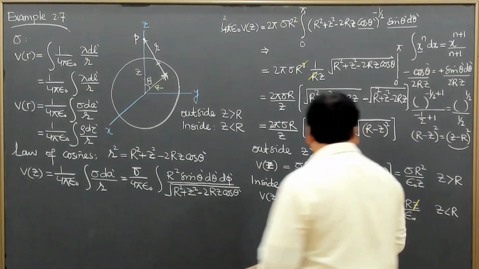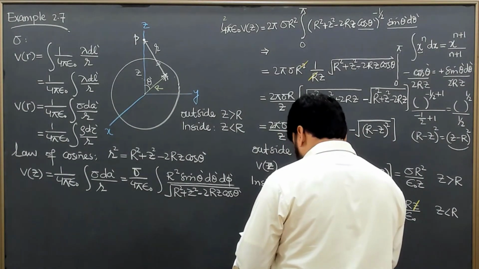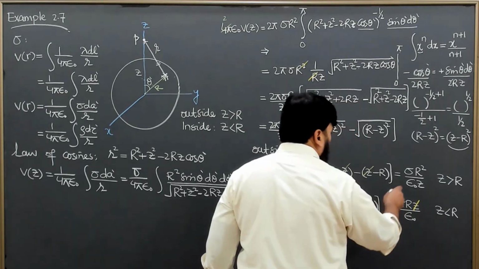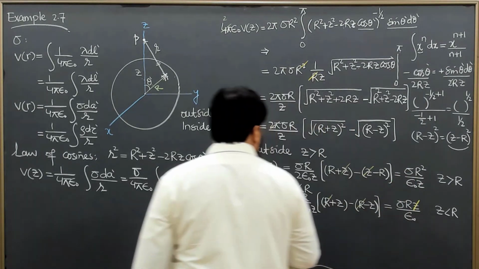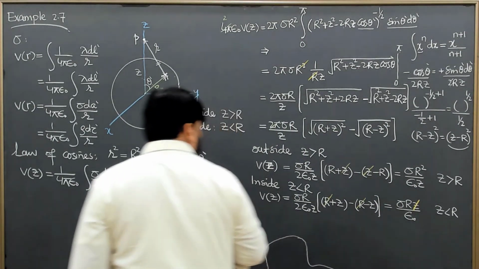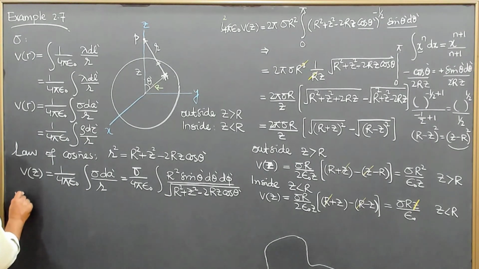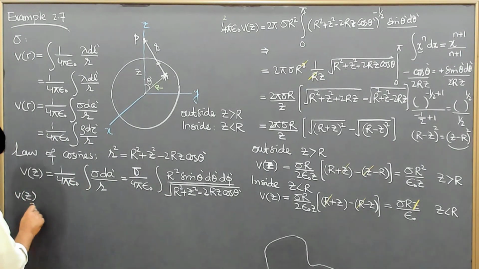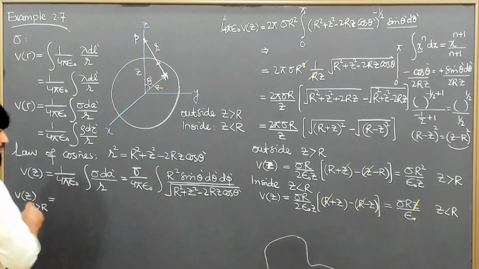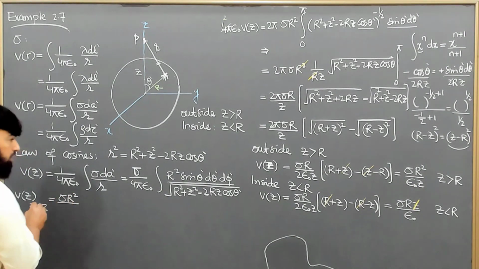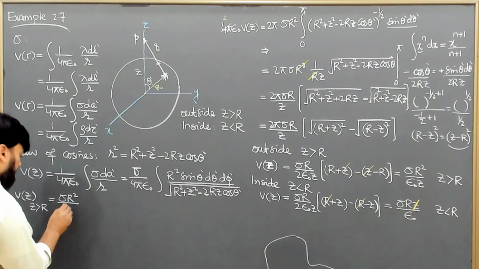So we will have charge per unit area, and this I can simplify here. Let me write it here, that v of z for z greater than r is equal to sigma r square over epsilon naught z.